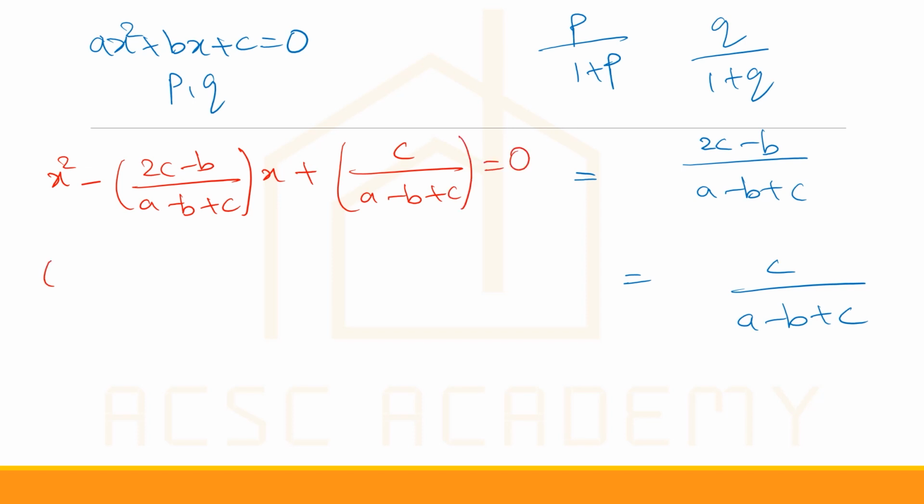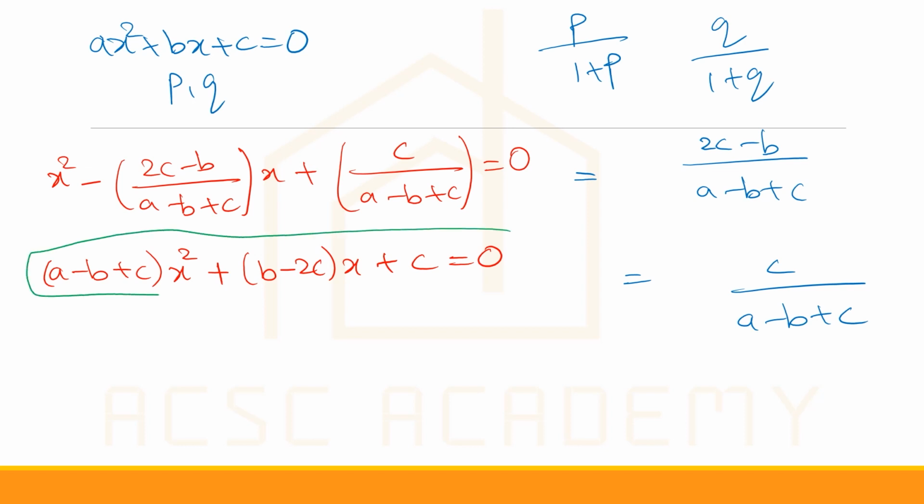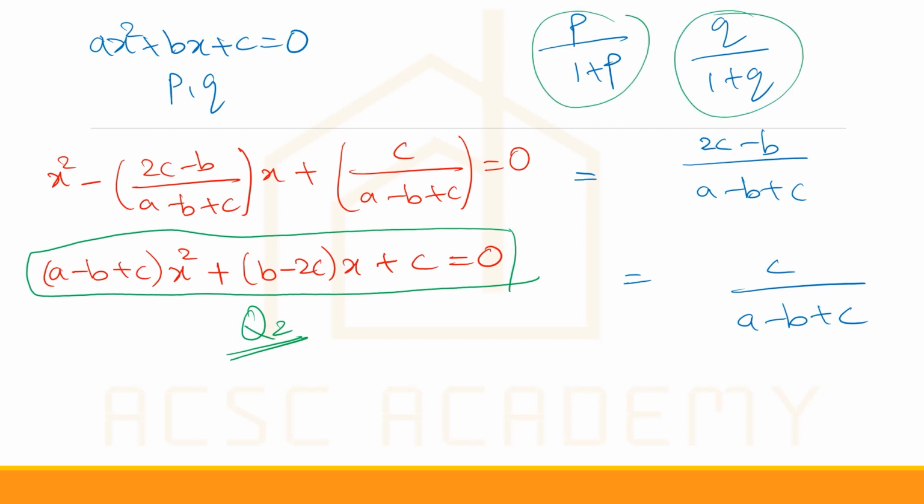This then becomes a minus b plus c x squared, taking minus out, b minus 2cx plus c equal to 0. Now, isn't it the same thing which we have got using the transformation of roots method? This is the same quadratic q2. Here we found that using the sum and the products. Here we could do it quickly because now we are habituated, we are used to this method.